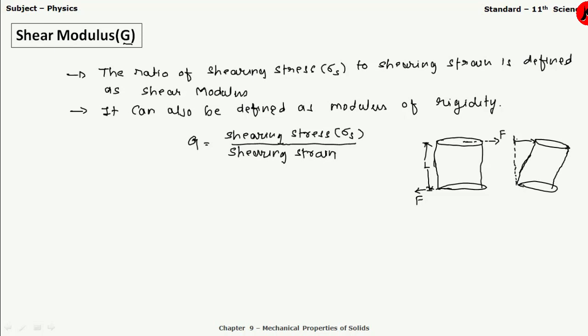This is the displacement delta x, and this is the angle theta.